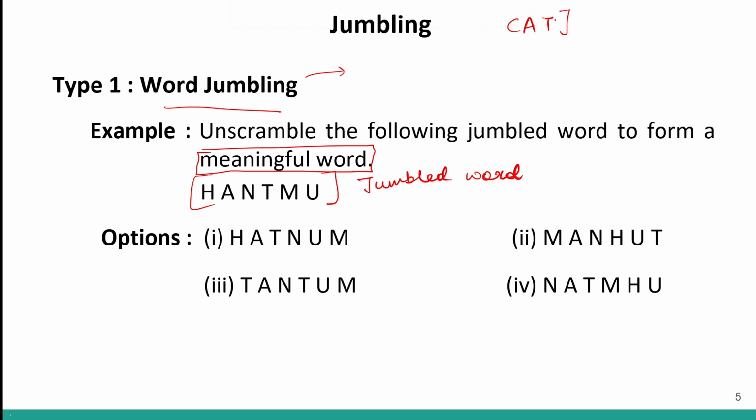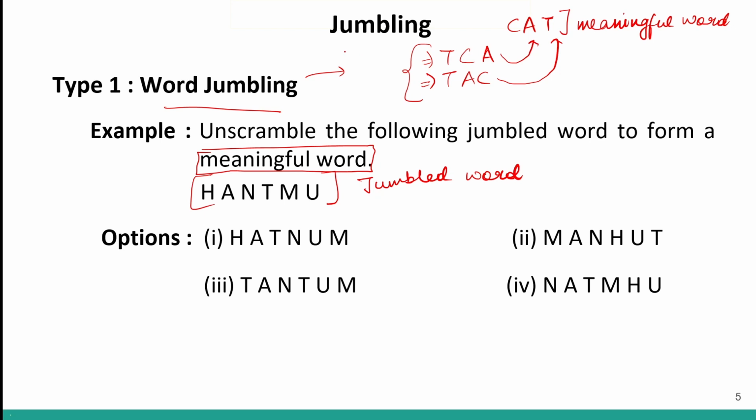This is the correct word, a meaningful word. Now, if I write it something like this, or something like this, and I ask you to give me a meaningful word that uses all these alphabets, I can unscramble both of these words and make cat, which is a meaningful word.